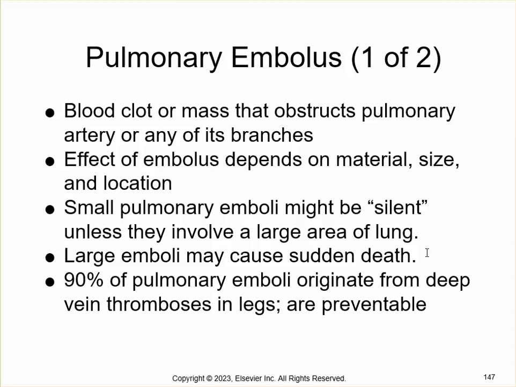So any thrombus, deep vein thrombosis that happens in your legs, for instance, the next place it finds a narrow lumen is the lungs. So usually these pulmonary emboli start in the veins, and it's usually a DVT in the legs.